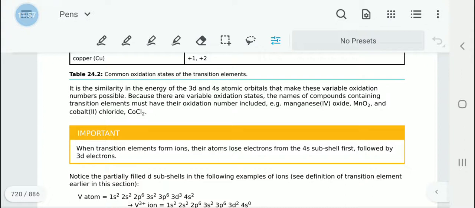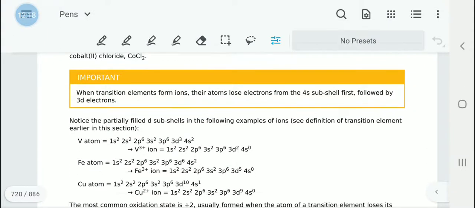To identify them, because they have variable oxidation states, we usually include the oxidation number. So manganese 4 oxide, MnO2, and cobalt 2 chloride, CoCl2, like that we name it, right?